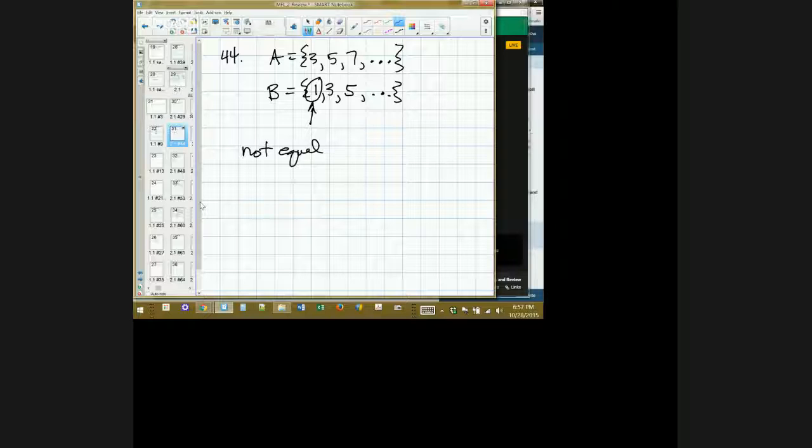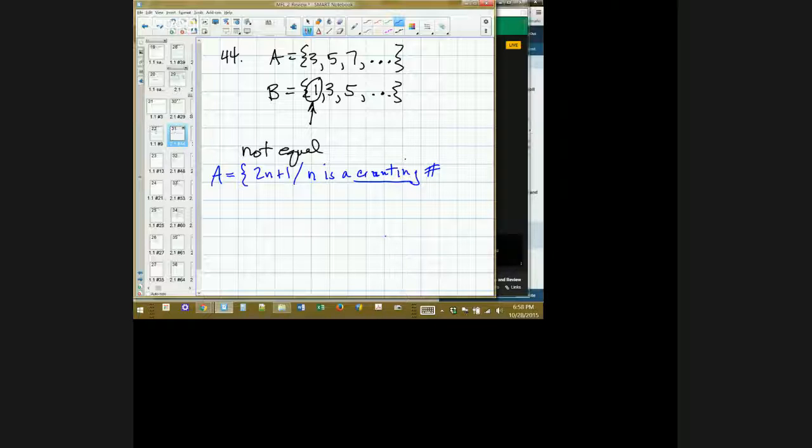The first thing in number 44 was set A equals 2n plus 1 such that n is a counting number. Sorry, the pen's not working real well. That reads counting number.